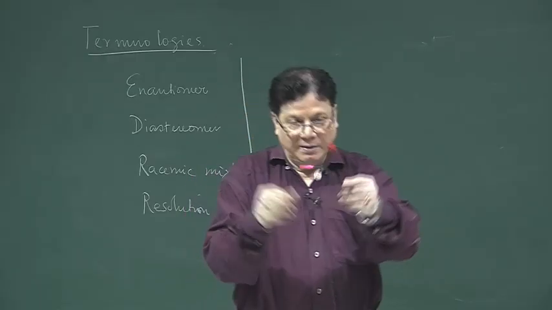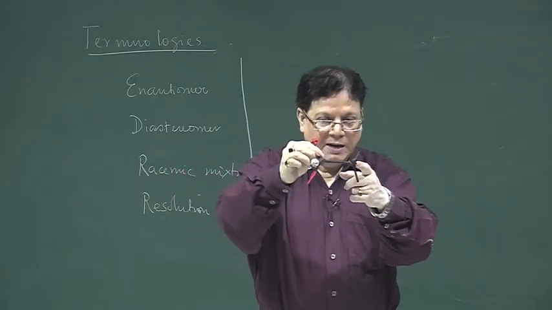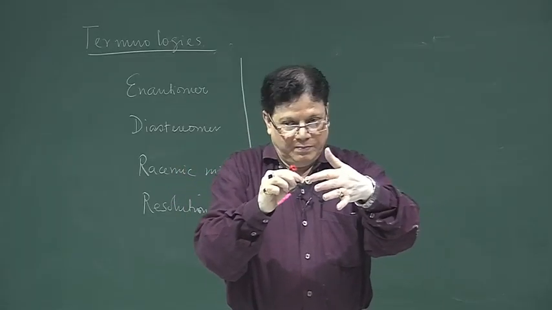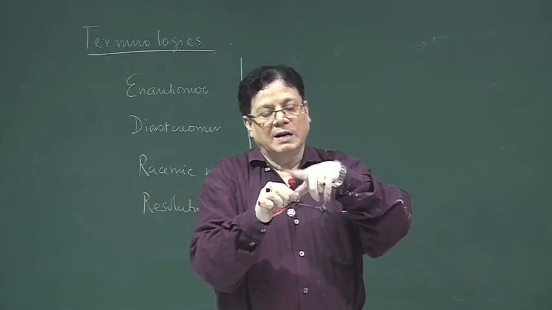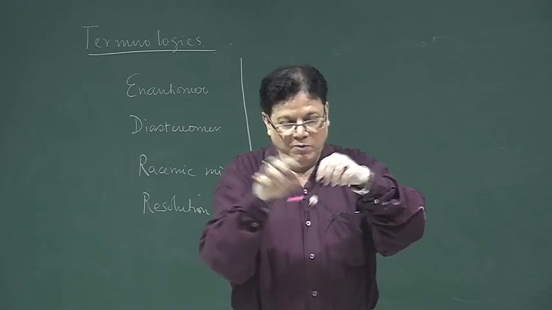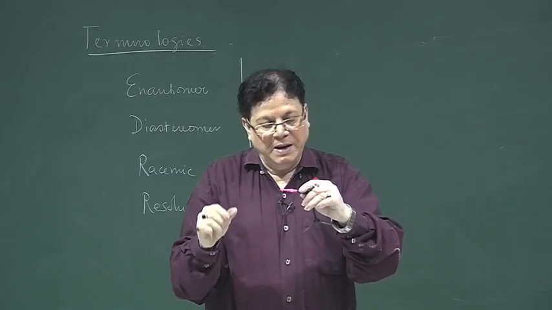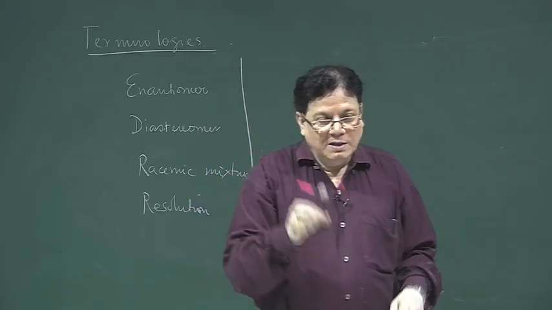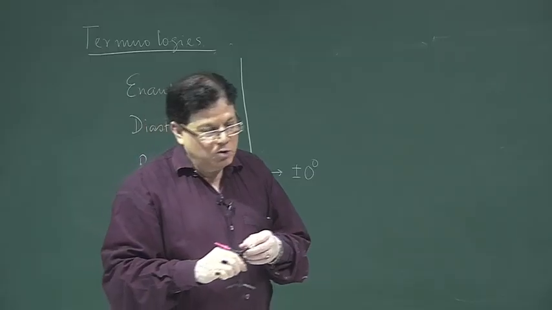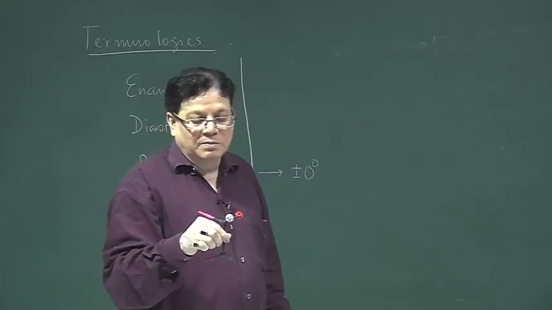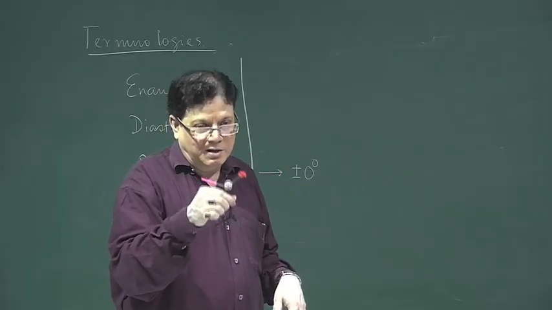If you look, this carbon is attached to a methyl, this is one ligand, this is another group or atom represented by white, this is an atom or group represented by red, and this is another substituent represented by pink. Okay. Now, this is a 3-dimensional molecule, because this is a tetrahedron. You cannot draw a tetrahedron by putting all the bonds in the same plane, because that never happens in a tetrahedron.